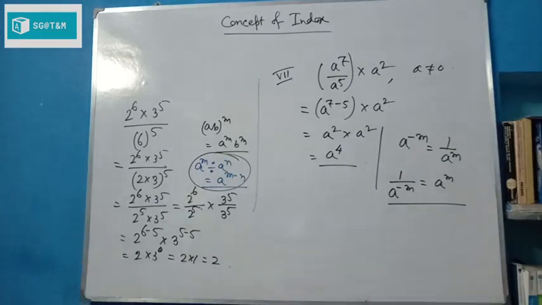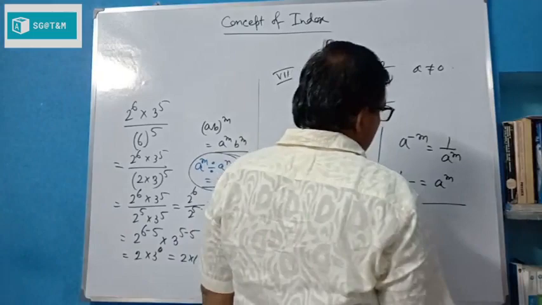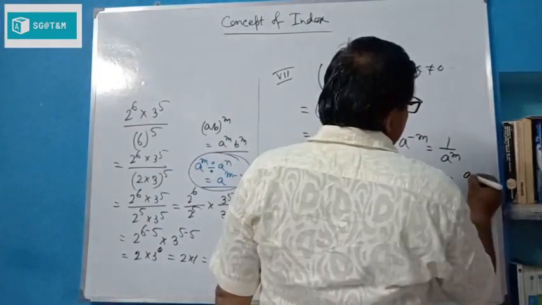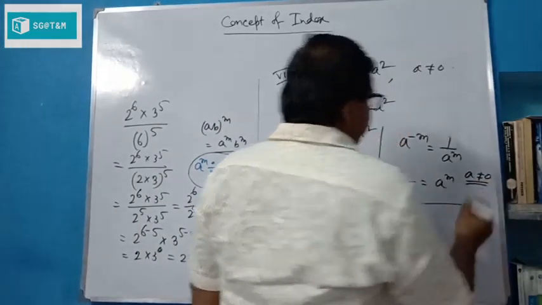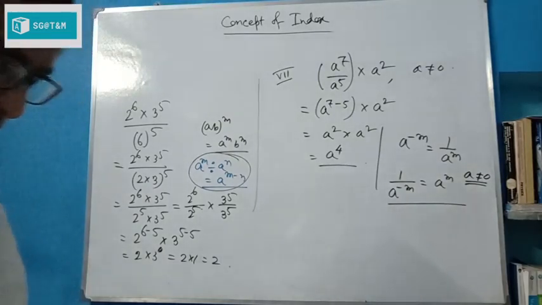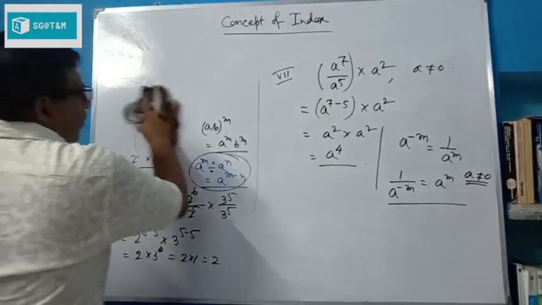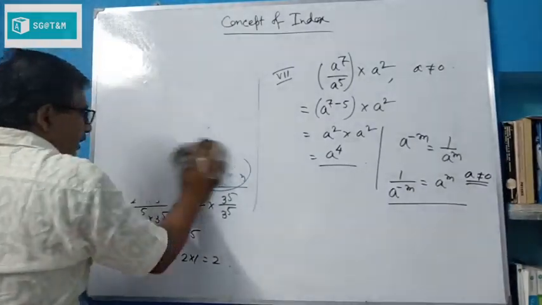Obviously a is non-zero, keep it in your mind, otherwise it is undefined. Clear? This is always non-zero. So these are all easy sums.